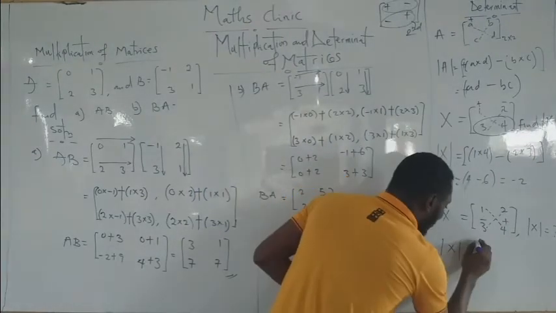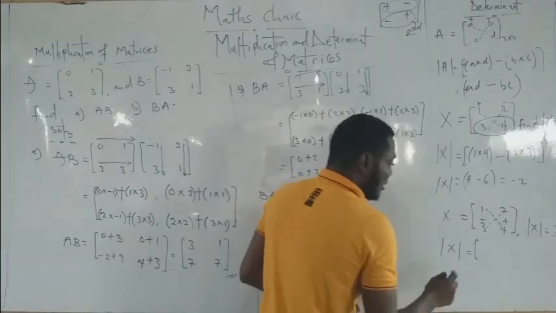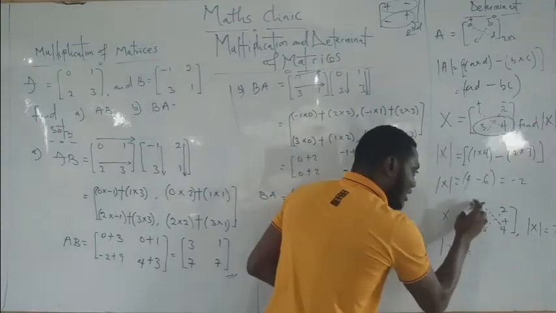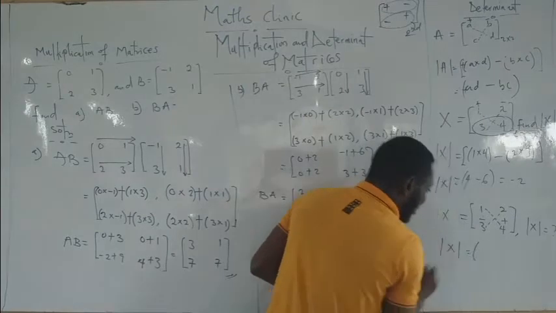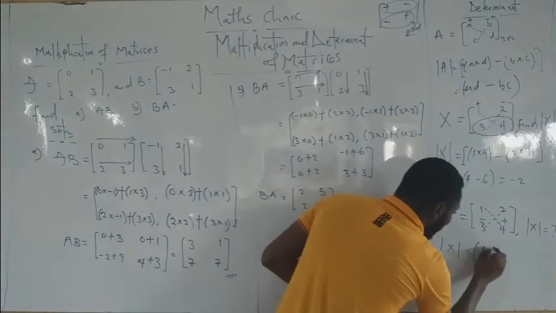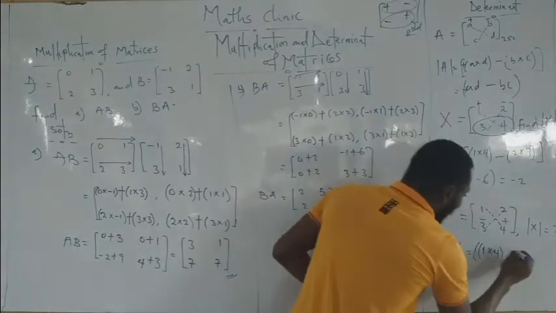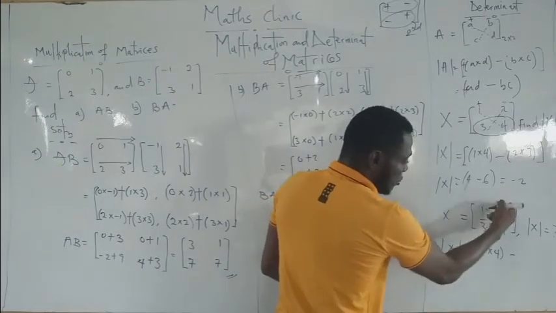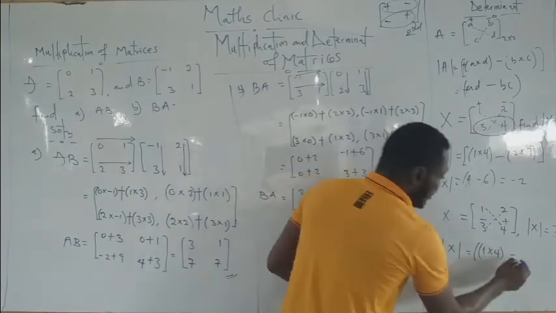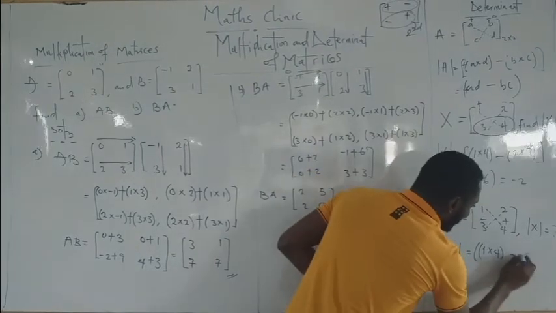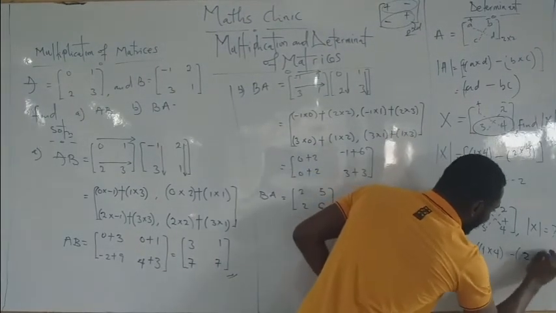So that becomes, you have a big bracket. Let me write it this way. That will be 1 times 4, isn't it? Minus, as a result of this minus, 2 times minus 3. That is 2 times 3, isn't it?